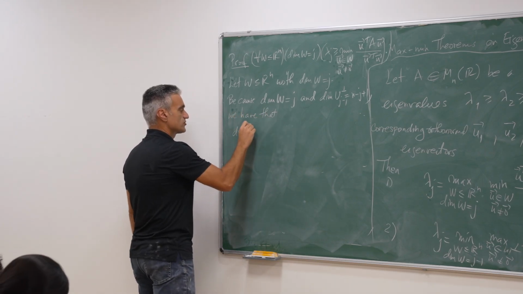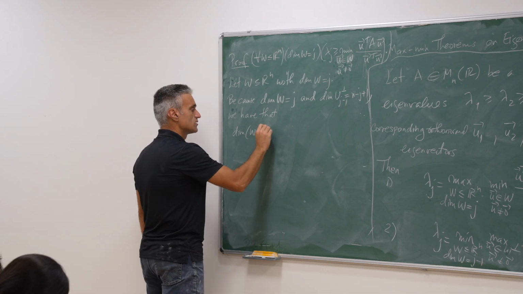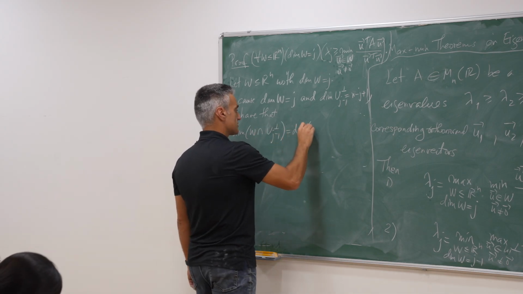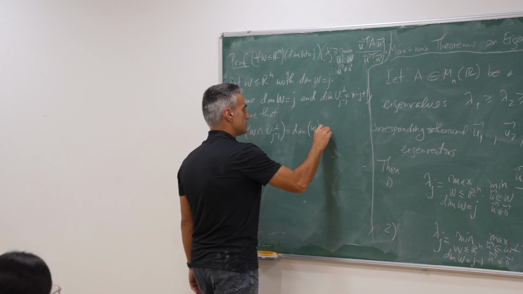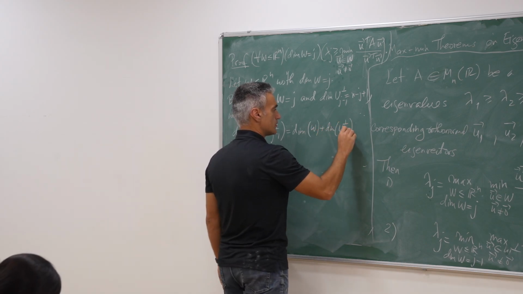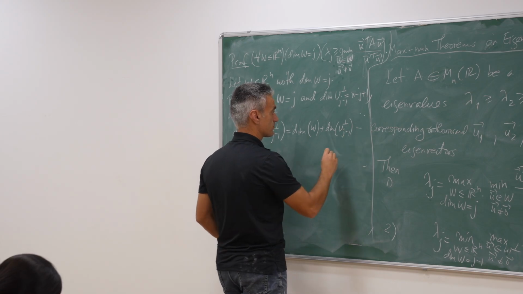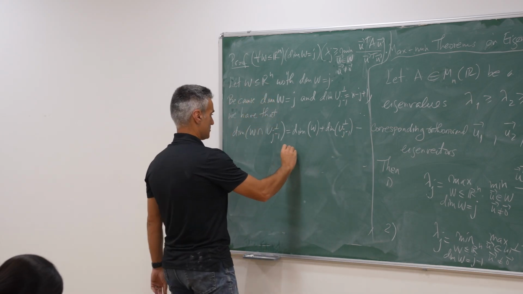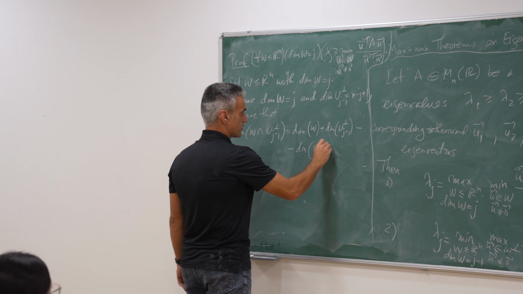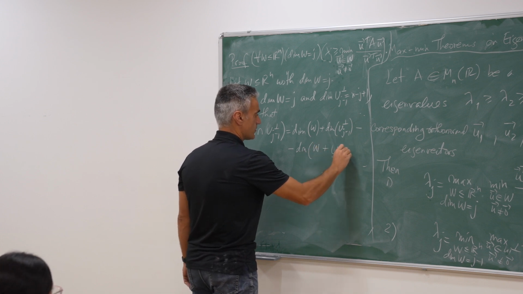The dimension of W intersect uj minus 1 perp is the sum of the dimensions minus the dimension of the sum.